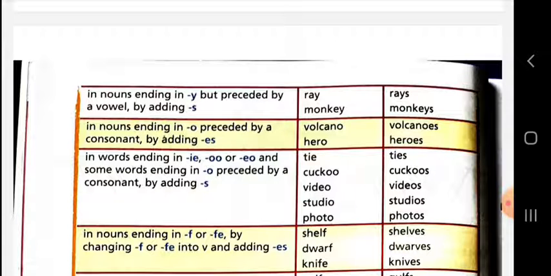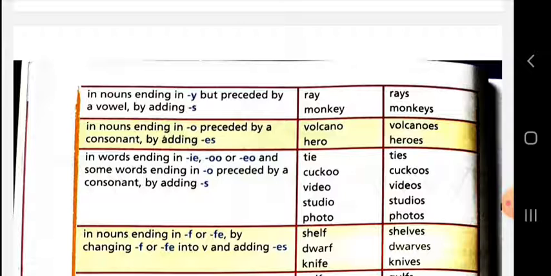For nouns ending in o, preceded by a consonant, add es. If any noun ends in o, and a consonant is just before o, then you need to add es: hero, heroes; volcano, volcanoes.